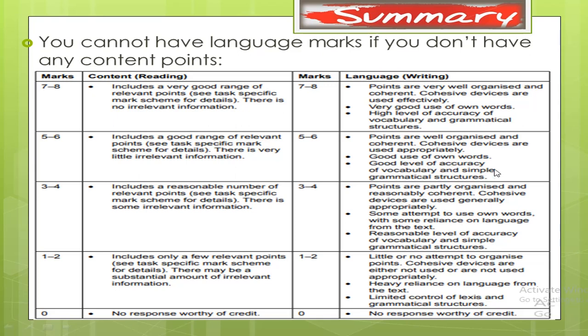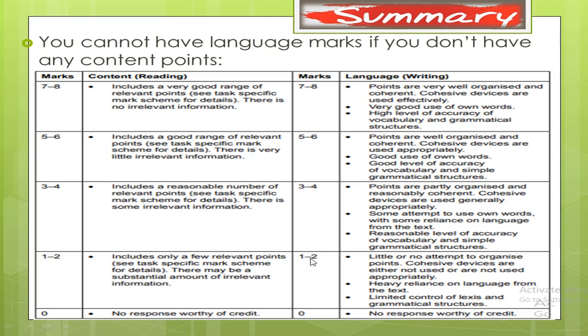In the 7 to 8 range it was a high level of accuracy, and in the 5 to 6 range it is a good level of accuracy. That's the basic difference. And in 3 to 4, points are partly organized, not fully organized, and there is some attempt to use own words.